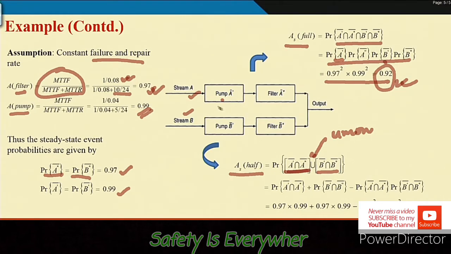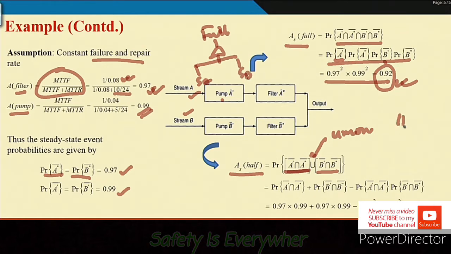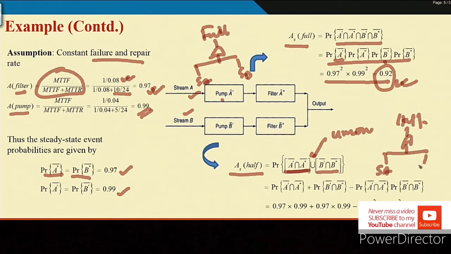So for full production it's an AND gate, stream A and stream B, and for half it's an OR gate, stream A or stream B. Okay, so that's what happened.